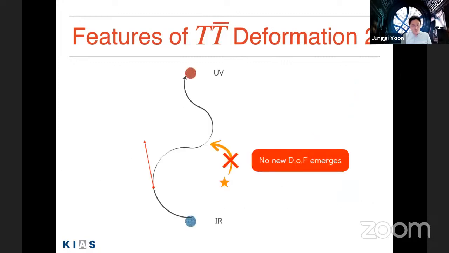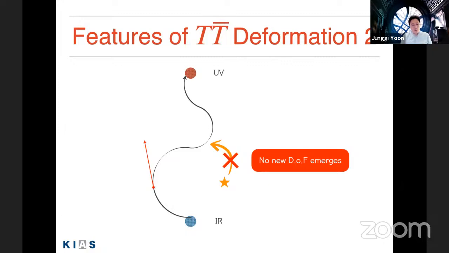The other property is that along the deformation, no extra degree of freedom emerges, unlike a usual irrelevant deformation. Usually, under an irrelevant deformation, some new degrees of freedom in the UV can appear along the deformation.